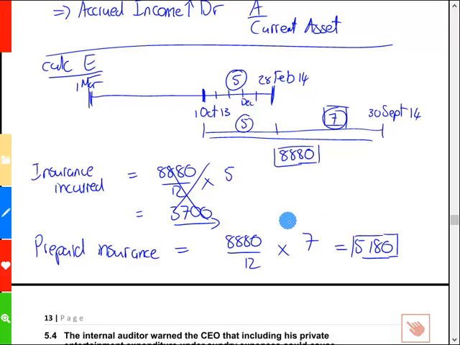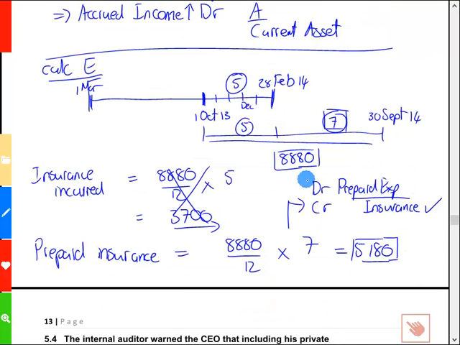The journal entry for this would have been debit prepaid expense and credit insurance, because our insurance was actually too much. So we would have reduced our insurance in the income statement, if we were asked to do that. But now we're only asked the balance sheet, and they say this has already been taken into account in the income statement, so that's fine. So this leg has been done, but we need to record this in the note and in the balance sheet.